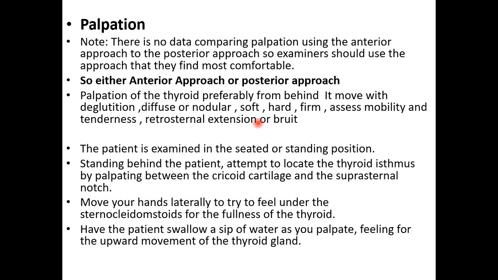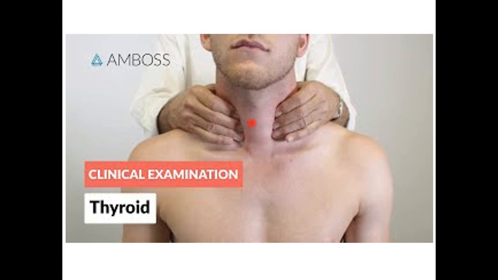You move your hands laterally to feel under the sternocleidomastoid muscles for the fullness of the gland. During palpation, you ask the patient to swallow sips of water as you palpate, feeling for the upward movement of the thyroid gland during swallowing. This is the way to palpate the thyroid gland.